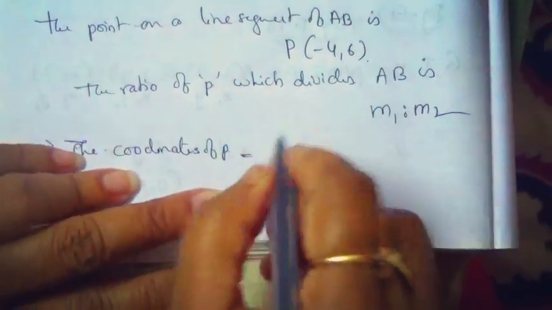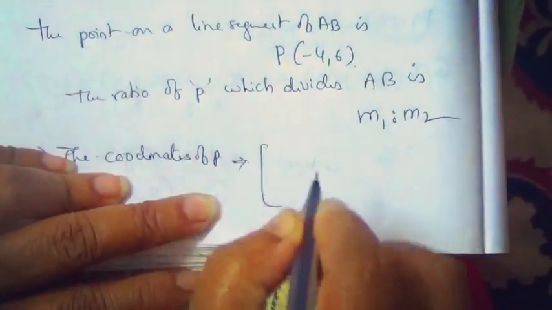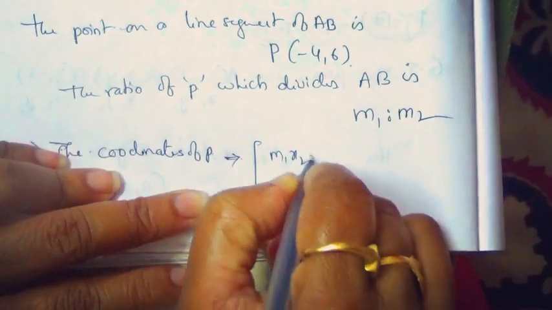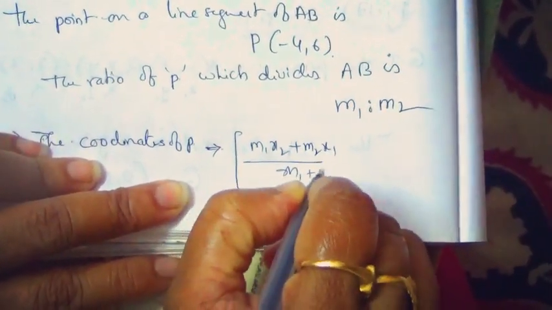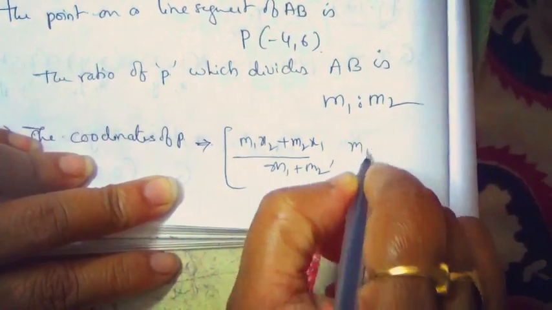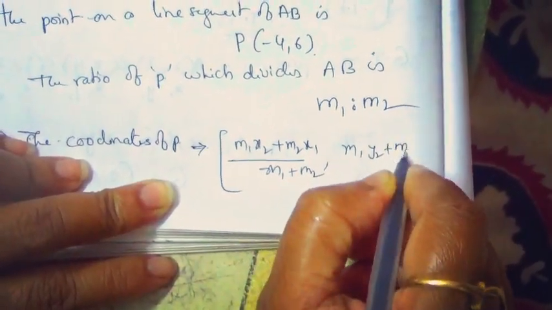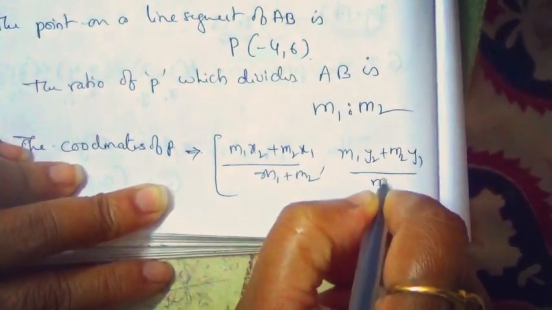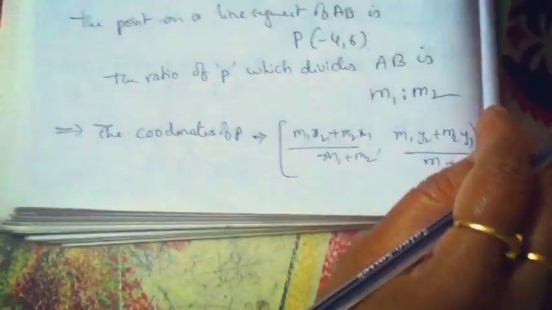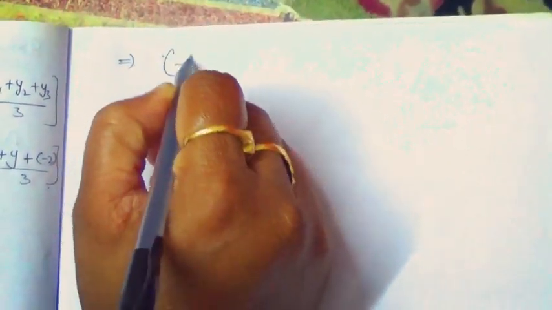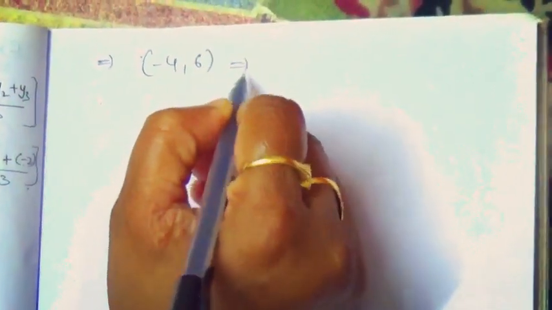is this one. The section formula: the coordinates of P is minus 4 comma 6, already given.